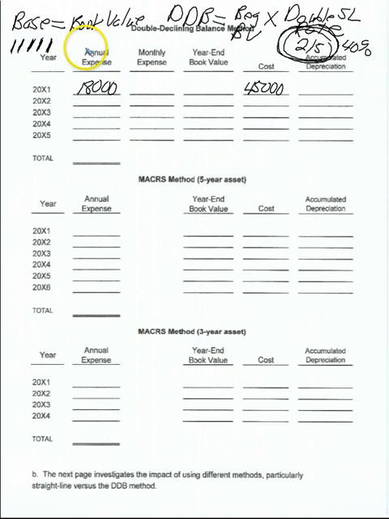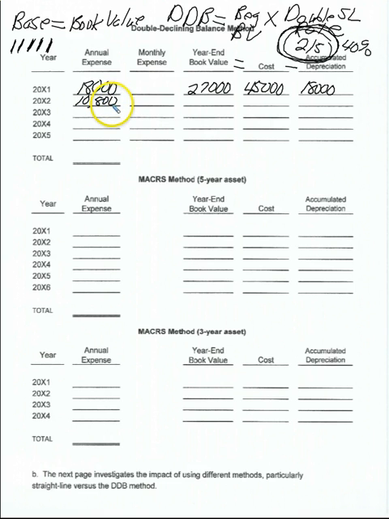Then at the end of the year, at December 31st, we debit depreciation expense, credit accumulated depreciation. This will grow to 18,000. And then book value, which equals cost minus accumulated depreciation, will be 27,000. Then the second year: last year's ending is this year's beginning, so we'll take 27,000, our beginning book value, times 40%, and you'll get 10,800.